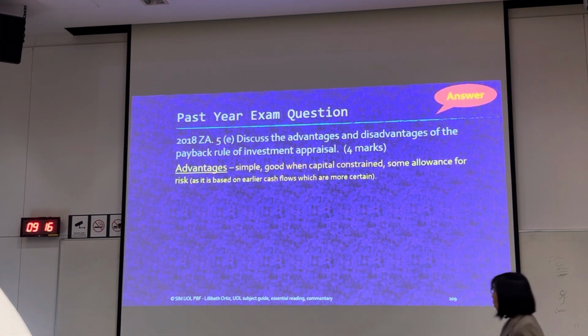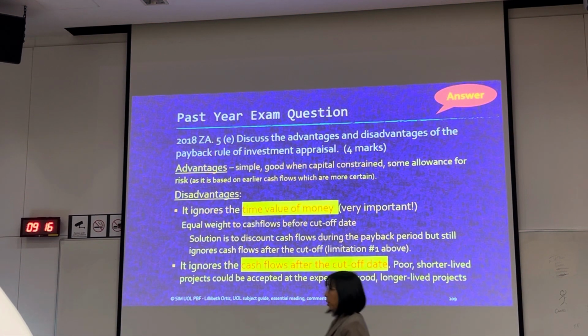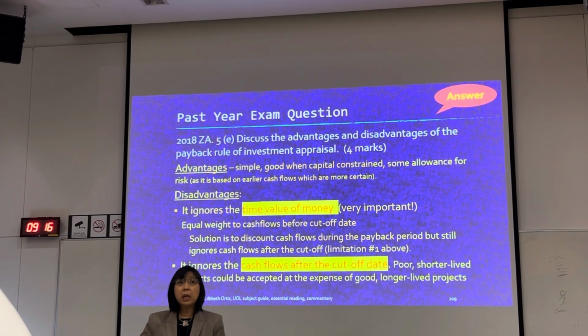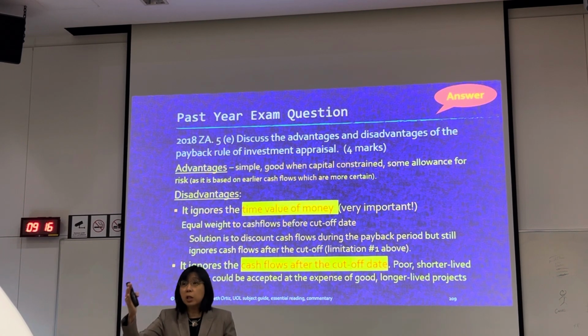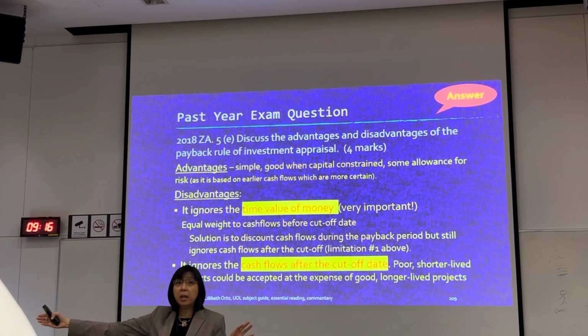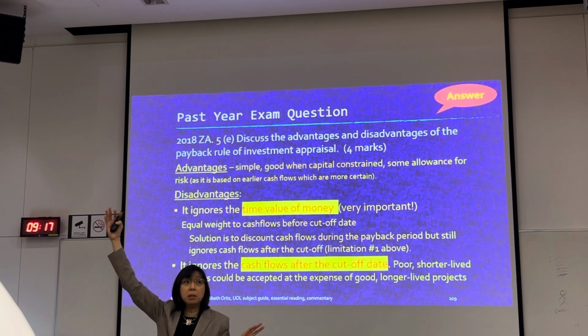Now also, it ignores the cash flows after the cutoff period. What if in year 3 you got like 100 million in one of these projects? No, you don't care because your cutoff is 2 years. If it doesn't pay you back within 2 years, you reject the project. So it ignores cash flows beyond the cutoff period, which could be sizable, right?